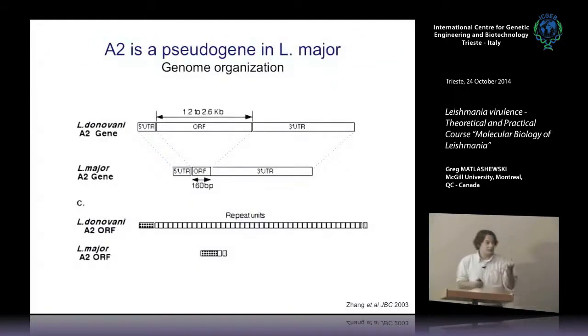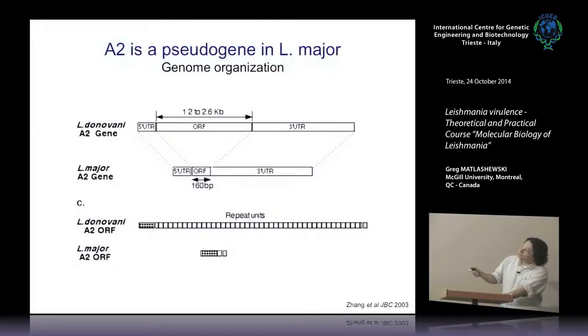So we looked in L major to find out why the gene isn't present there. And there was something really interesting when we compared the different leishmanias. This is the Leishmania donovani gene here. It has the open reading frame, which has many repeats, a 5' untranslated region, and a 3' untranslated region.